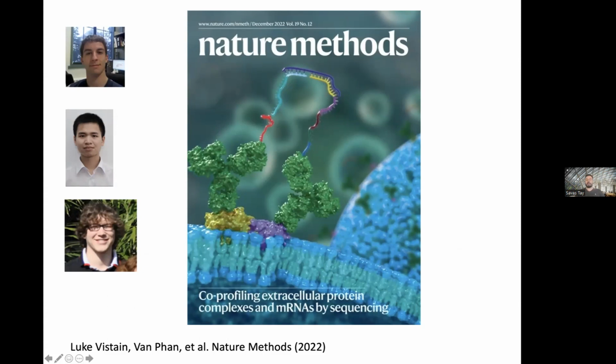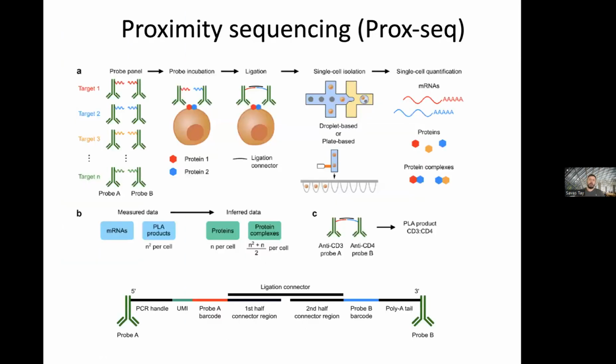So this is all happening at the cell membrane at this point, because that's an easier target. What we have in our assay is all these target probes. These are antibody pairs targeting different proteins. Each of them has a different barcode. This is the barcode design here, okay?